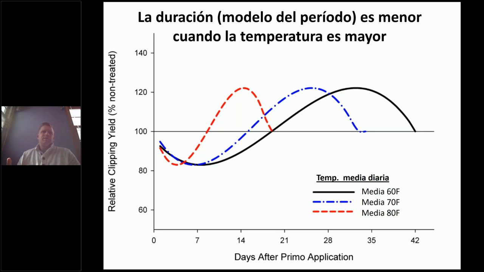Why? Because these plants are like reptiles, they're cold-blooded, and so when it starts to get cooler outside, they start breaking down these PGRs slower, and so they last longer when it's colder outside.